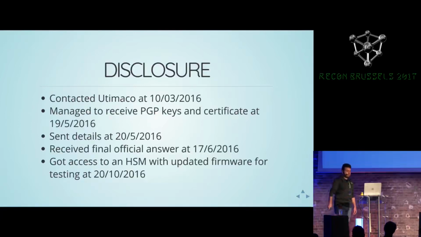The next day, I sent them the details, and after 1 month, I received the first official answer. And after 4 months, I got access to a network HSM with the updated firmware. So I first tried to contact them in March, and they fixed it in October.